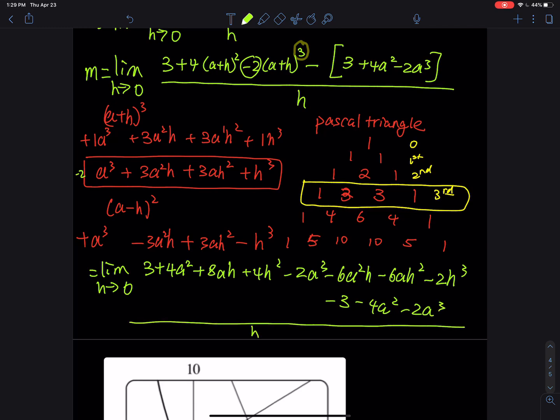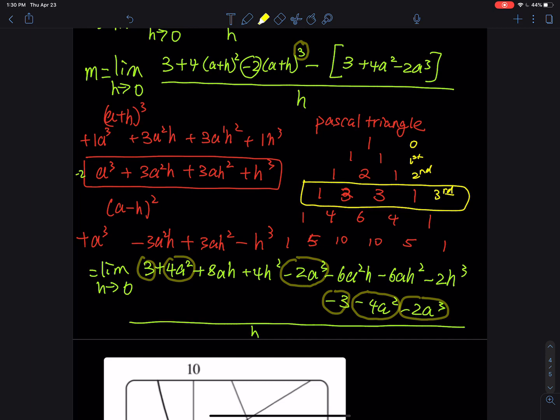You should be able to do some cancellations right here. So let's do the cancellation. First, I can see that the 3 and the 3 got cancelled. And I can see a second power: a 4a squared and a minus 4a squared. All right, what else do you see? I see a third power and a third power. And then that's it.